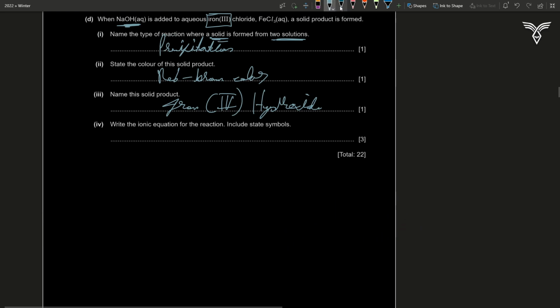So what happens? The Fe3+ when it was in the chloride form was aqueous. When it was in its chloride salt, it reacted with the hydroxide and formed Fe(OH)3. The hydroxide was in aqueous form. Anything that's in ionic form is in aqueous form. And the iron hydroxide is surely a solid, because we see it precipitate in front of us, so it's in the solid state.